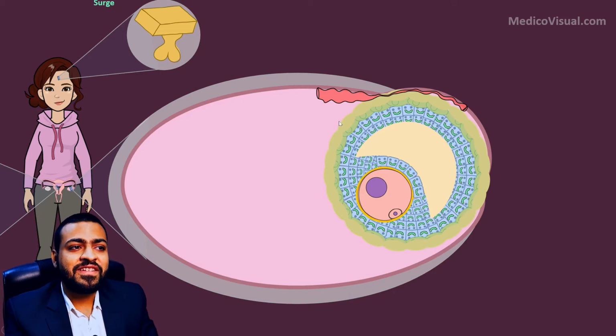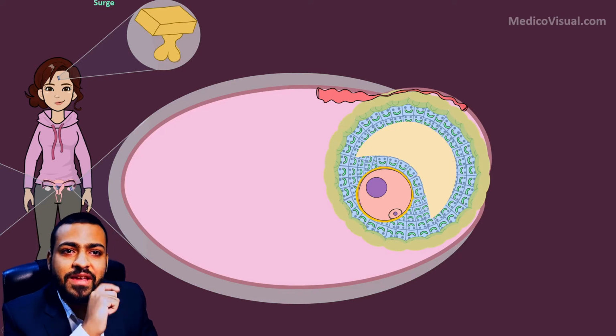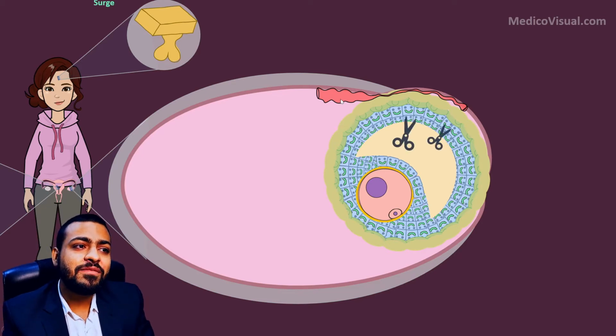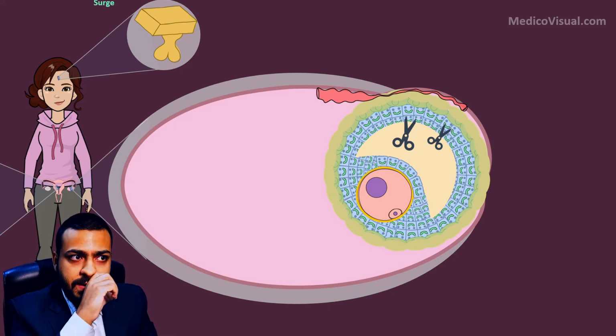That is not just that. Inside this follicular fluid, these granulosa cells secrete special enzymes as well. Molecular cutters. What are these molecular cutters? These are special proteinases, protein-cutting enzymes. For example, special collagenases are there.